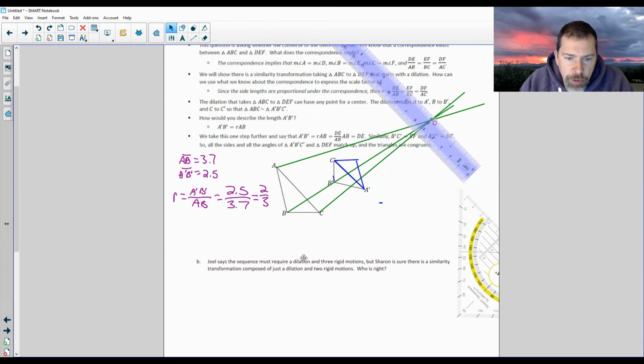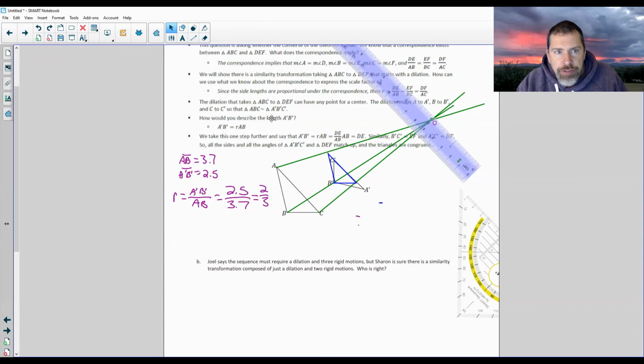So Joel says the sequence must require a dilation and 3 rigid motions. Oh, a dilation and 3. Actually, no, it's a dilation and 2. So we dilated it, we rotated it, and then we're going to reflect it. But let me think about that. Dilated it. Then can we get this? No, we can just reflect it. So that B prime stays right where it is.